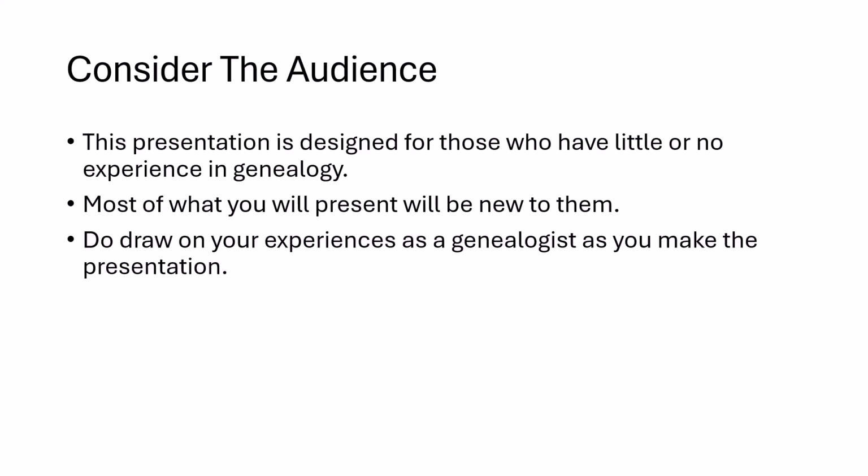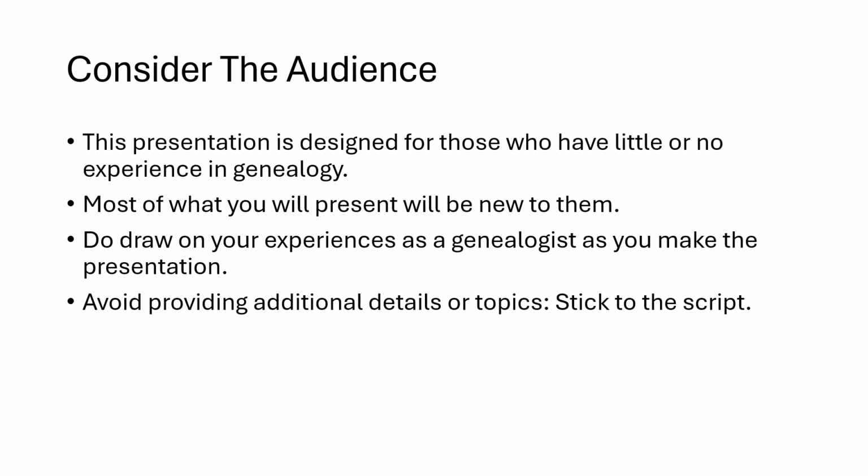So as you're presenting your material, I do want you to draw on your experiences as a genealogist. And so, if you're talking about a census, you can talk about the importance of it and the kind of material, but really try to avoid throwing in too much additional detail or things that are just not really relevant. When you're talking about choosing a family tree software, you don't need to talk about how you had four trees and you merged it into one and you split it back.